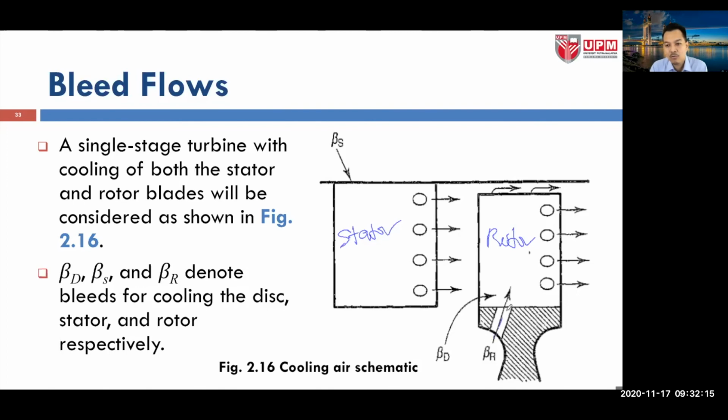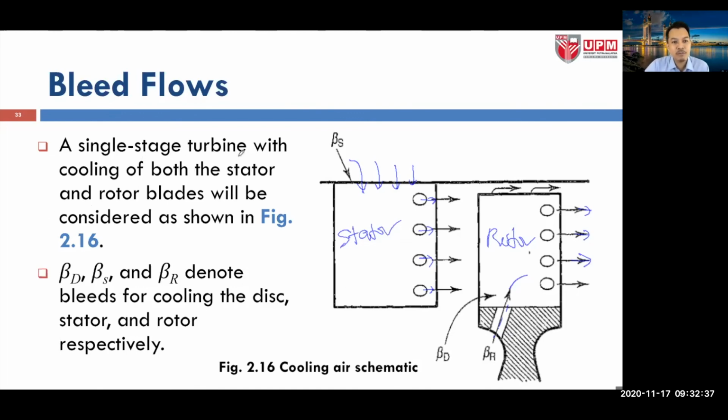This is the cool air coming out. So the cool air goes out from the turbine rotor blades, and even from the stator. So there is cold air coming into the stator that will protect the stator blades. This is what we call film cooling.